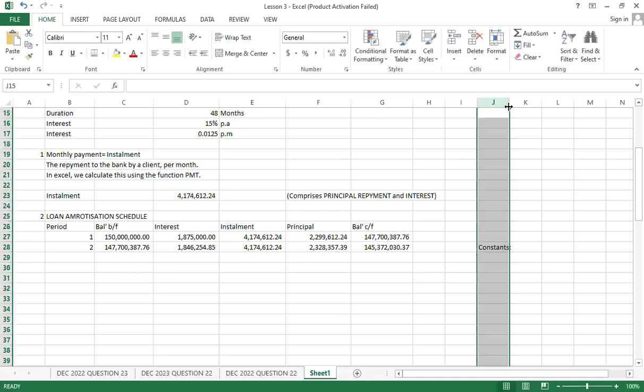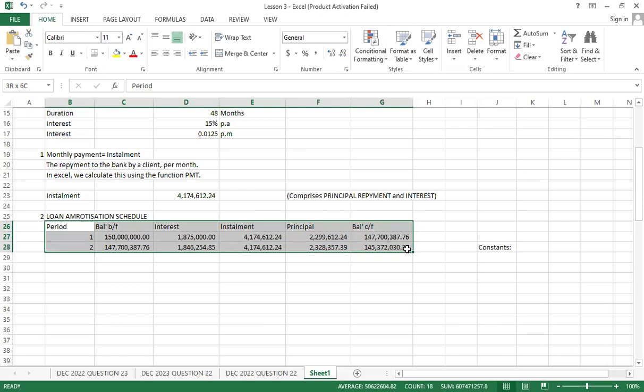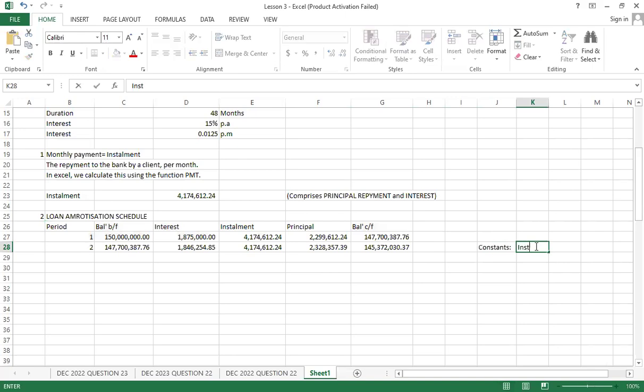Which variables in this table are not changing? Installment and interest rates. So one is the installment, and as you rightly put it, the other one is the interest, not the interest amount, the interest rate.